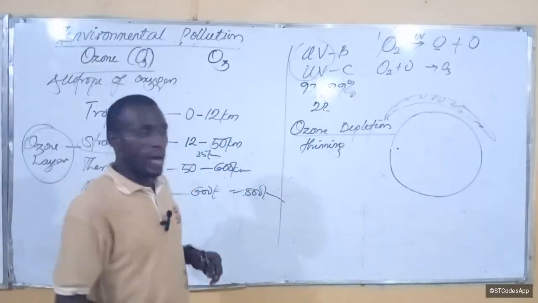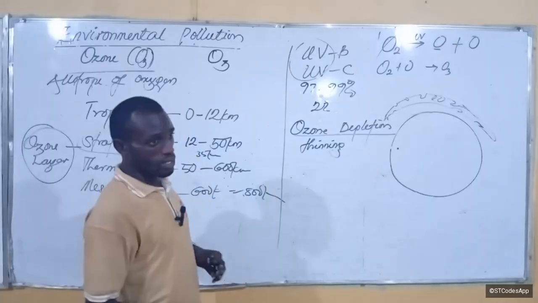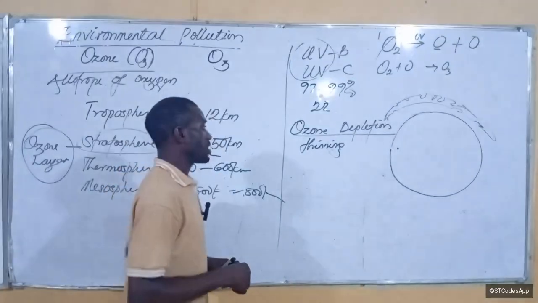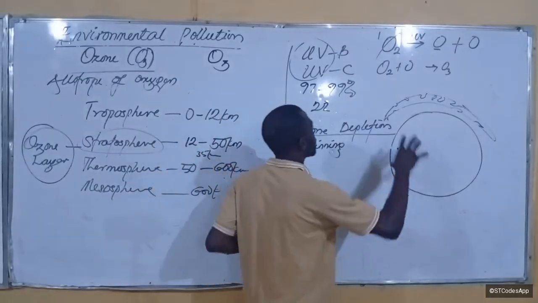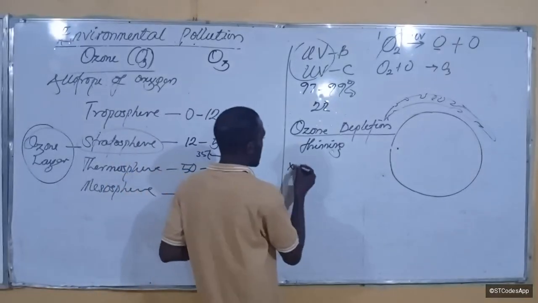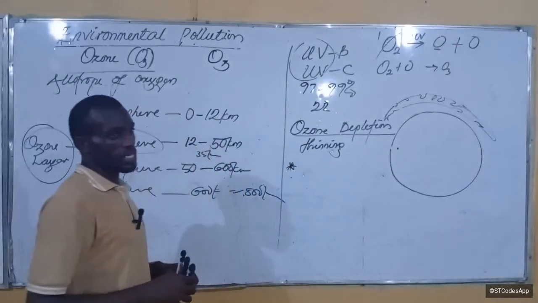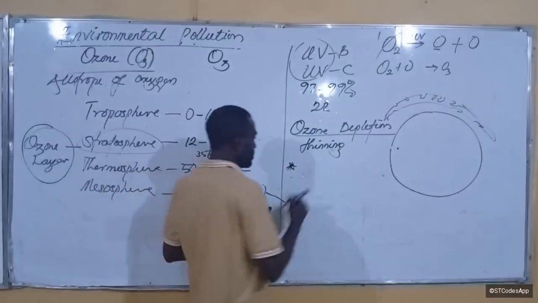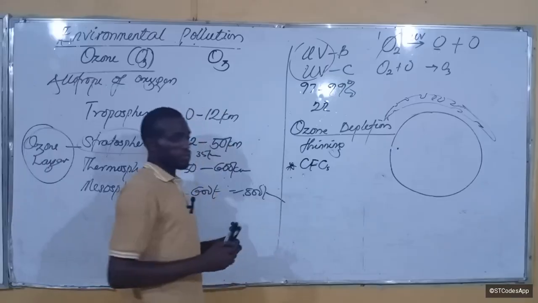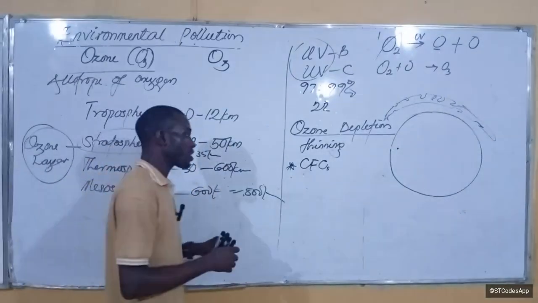Now, I'm going to tell you why life on Earth is at risk. I said that the ozone layer is depleting. How is it depleting? Because of the emission of chlorofluorocarbons. Now, what are chlorofluorocarbons?